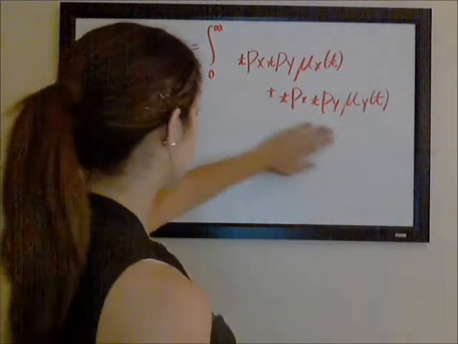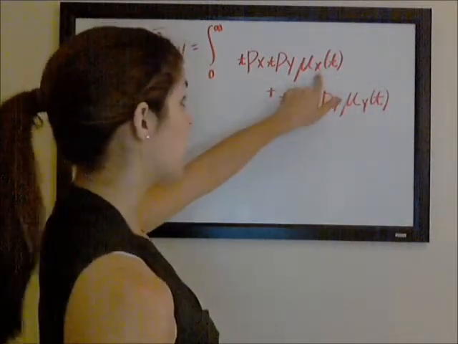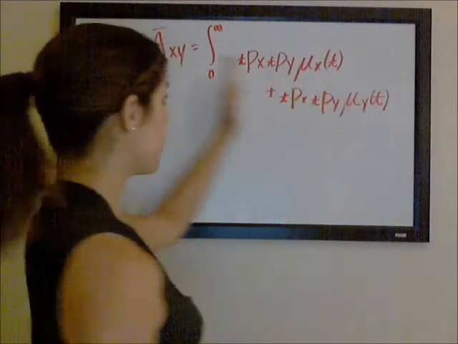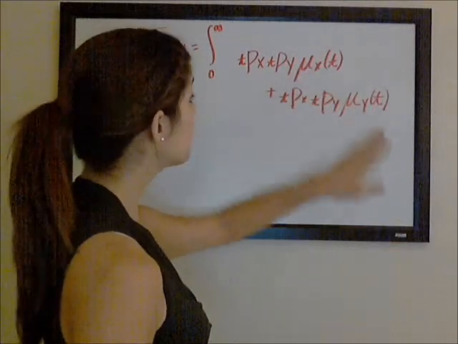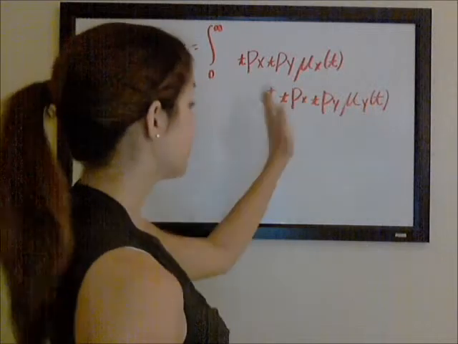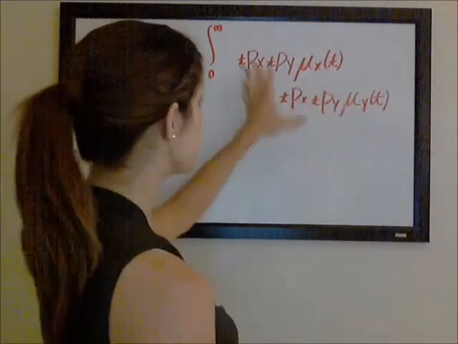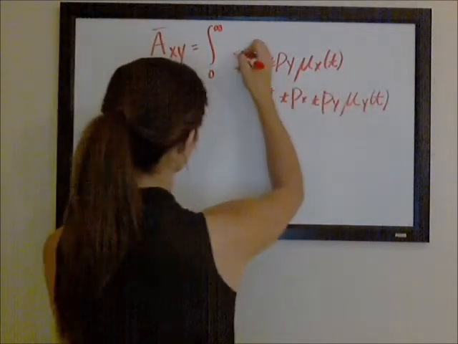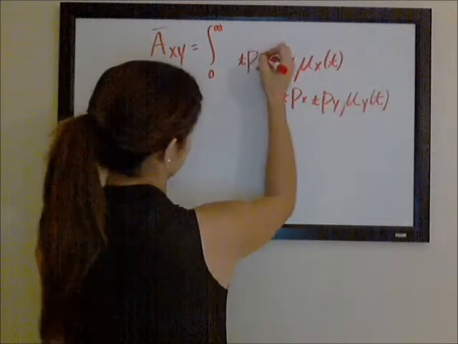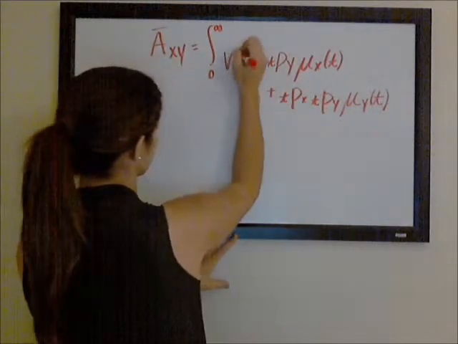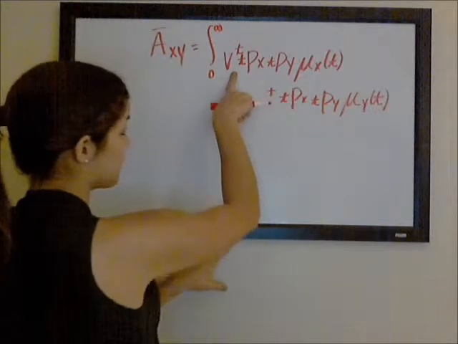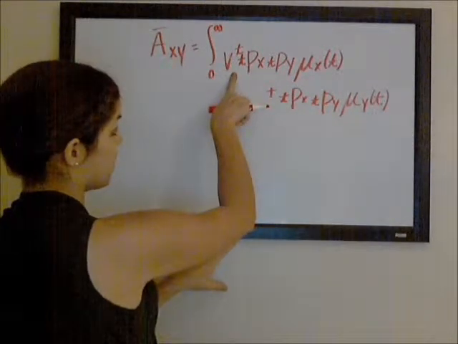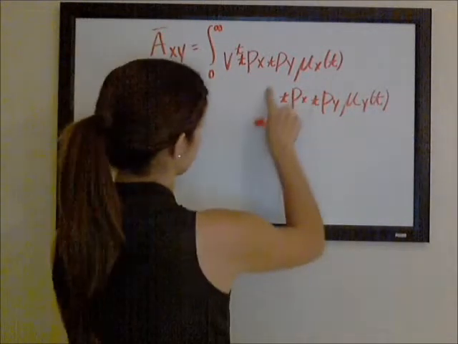Hopefully you can see that this makes X the first death, right? They both survive and then X dies. And this makes Y the first death. They both survive and then Y dies. So you have those two possibilities, and they would both be discounted back for T periods of interest.